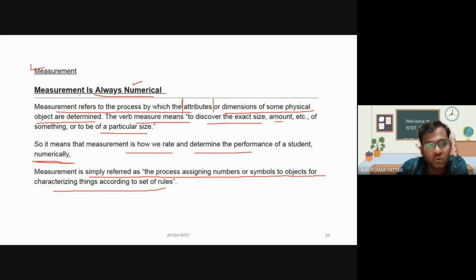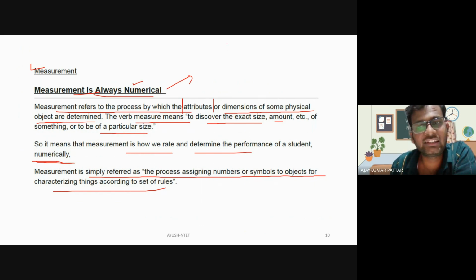To understand this concept, we have the four measurement scales. One is nominal, one is ordinal, another one is interval, another one is ratio scale.